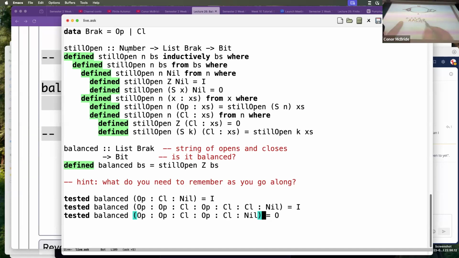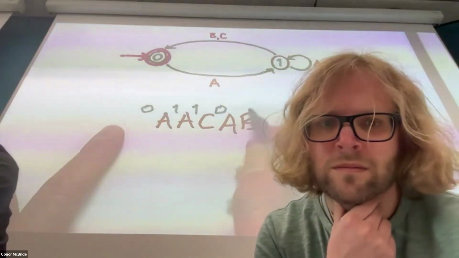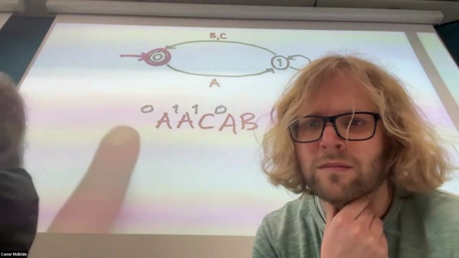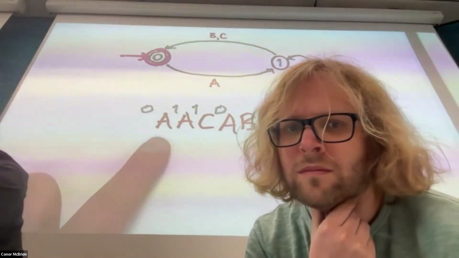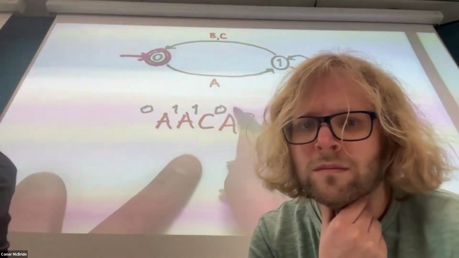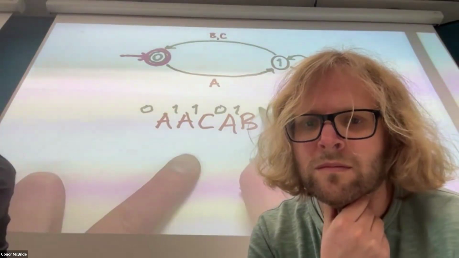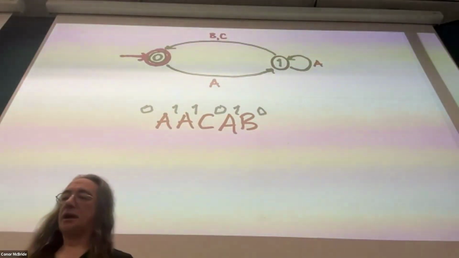And then we go to 0. So we've got our diagram and our string so far. We got back to 0, then we went to 1, and then we went to 0, and we were happy.